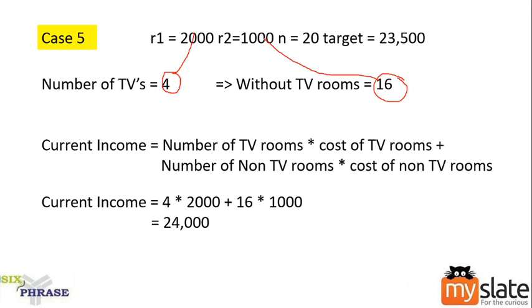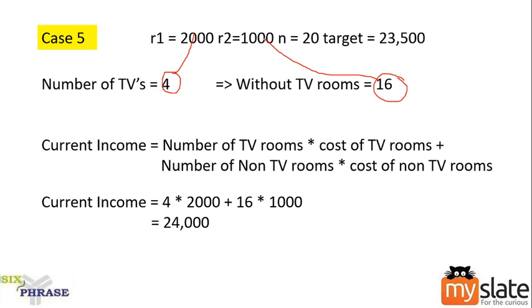Now if you look at it, I've reached the target. What is my target? 23,500. So when I have 4 TVs, my value will be achieved. The target will be achieved. I can't exactly derive 23,500, right? Deriving 23,500 exactly is not possible.